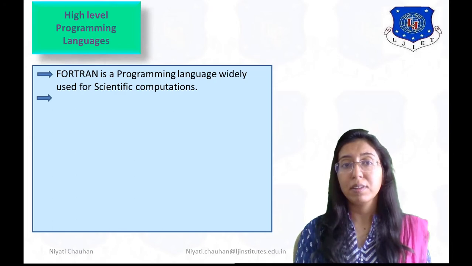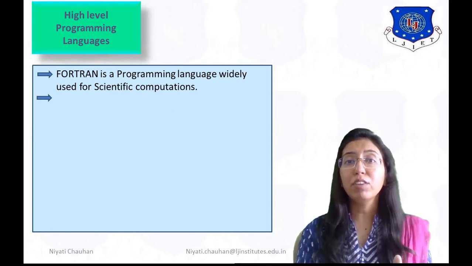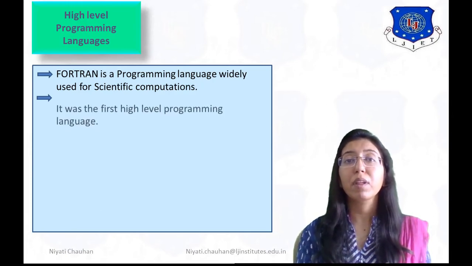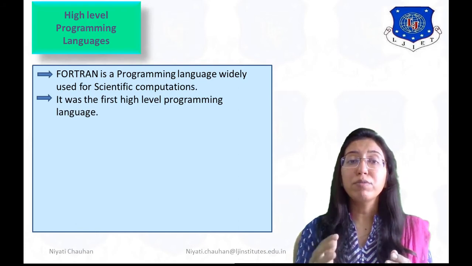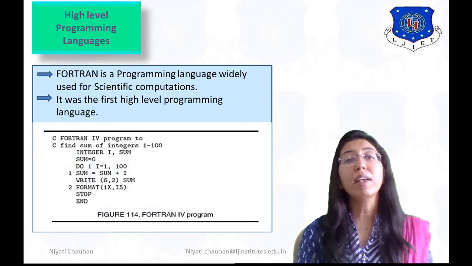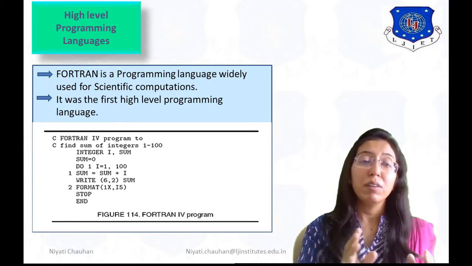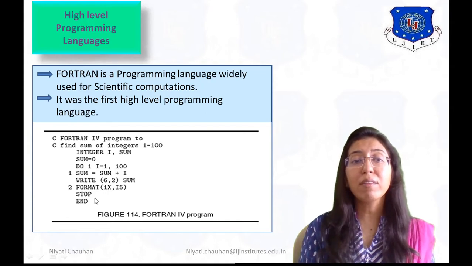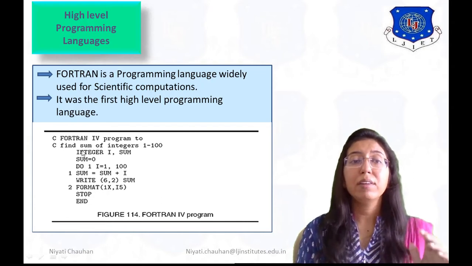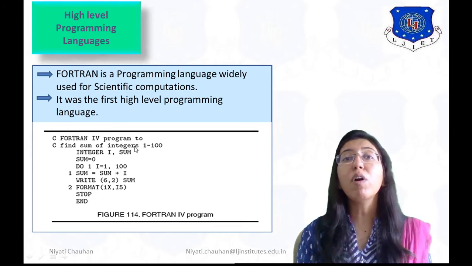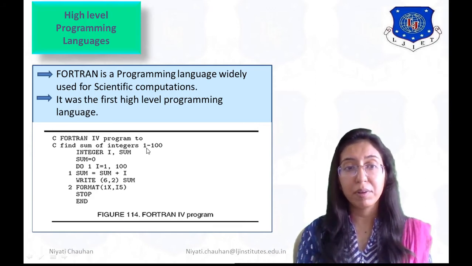Fortran is a programming language widely used for scientific computation. It was the first high-level programming language. Here you can see one example shown in this diagram, where the Fortran language is used. This program finds the summation of 1 to 100 numbers.